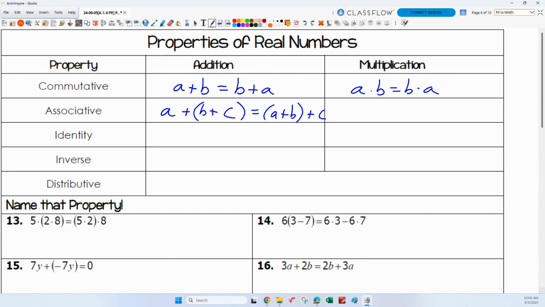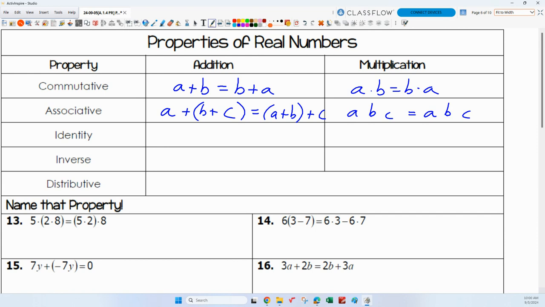Okay, what about for multiplication? Somebody new. Help me out here. What's the associative property of multiplication? I'll get you started. What do I have to do to that?